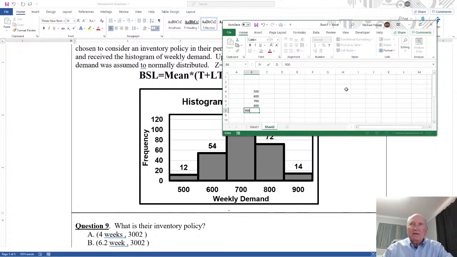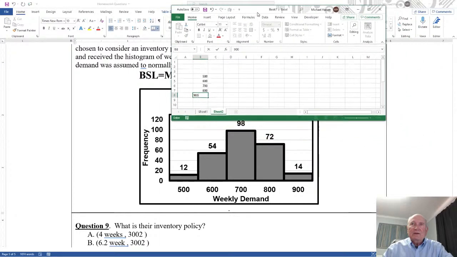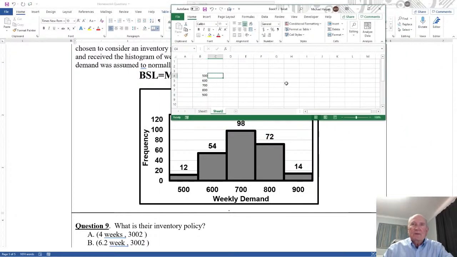Now let's type in the frequencies. This is 12, 54, 98, 72, and 14. There they are. So this is the X. This will be the frequency.